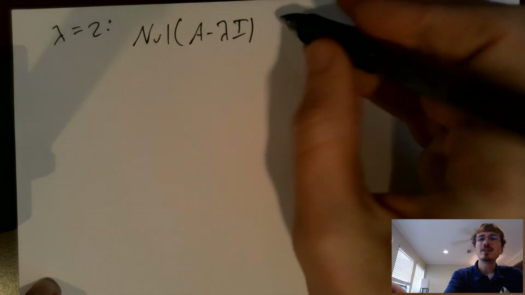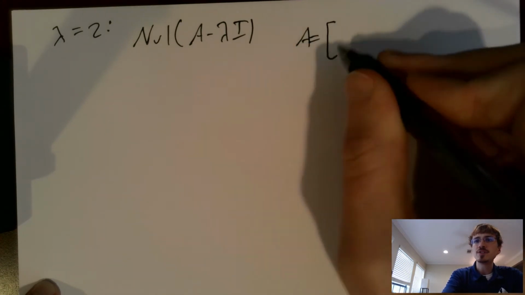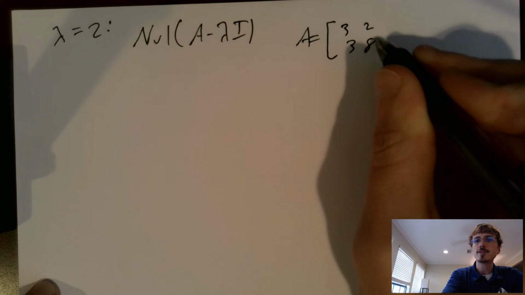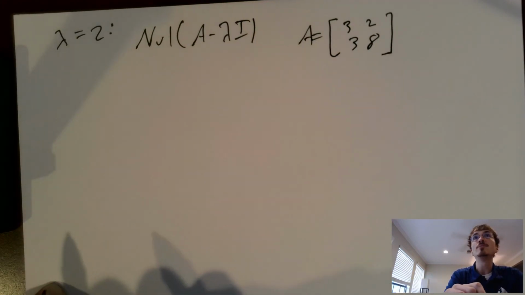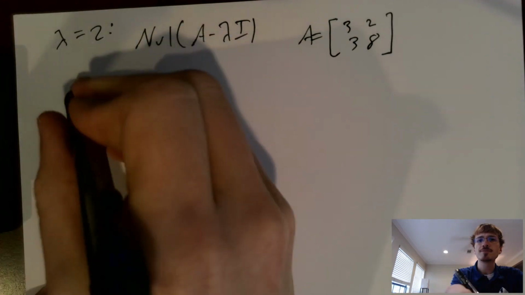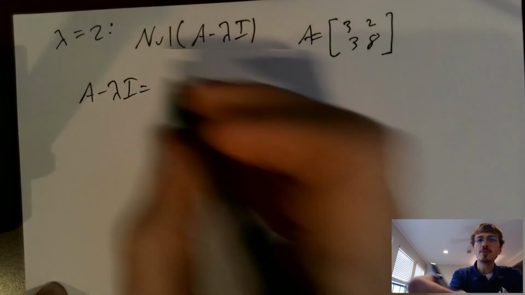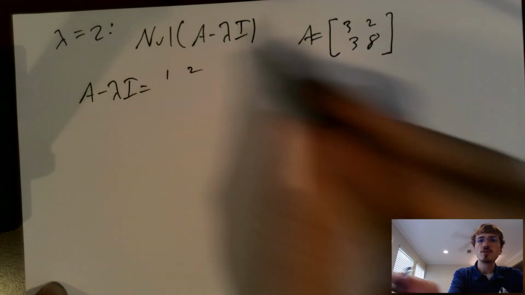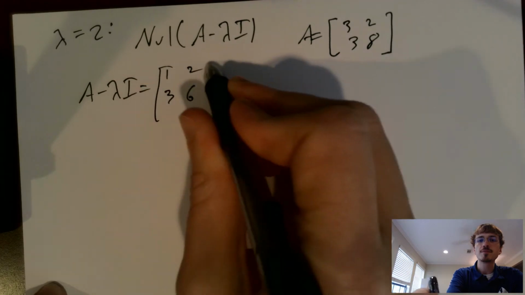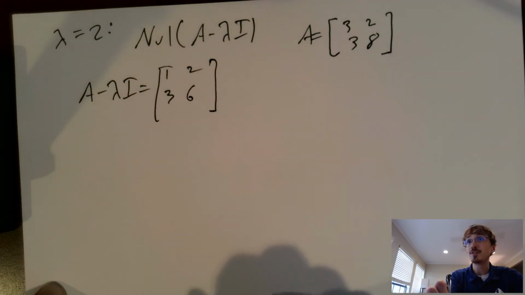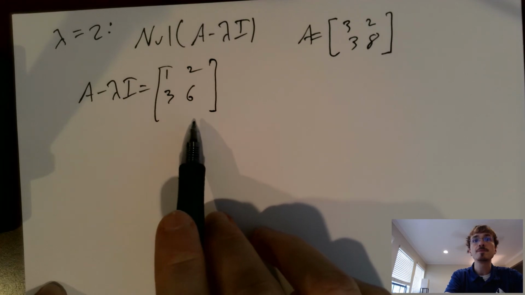Well, what's A minus lambda I? Remember, let me write it down again. A was equal to 3, 2, 3, 8. What's A minus 2 times the identity matrix? It's going to be 3 minus 2, which is 1, 2, 3, 8 minus 2, which is 6. And I want to find a basis for the null space of this matrix. How do we do it?